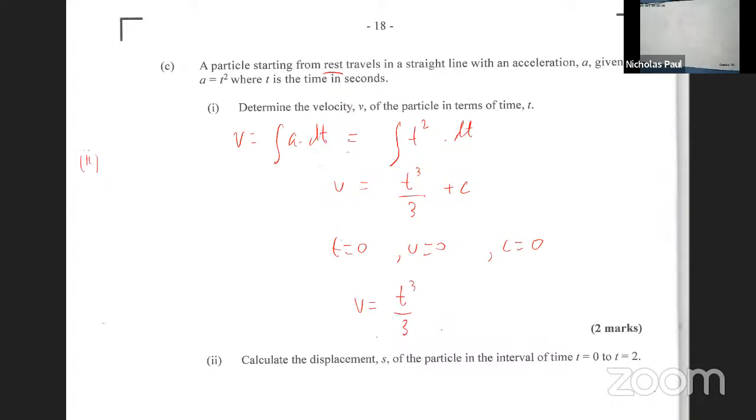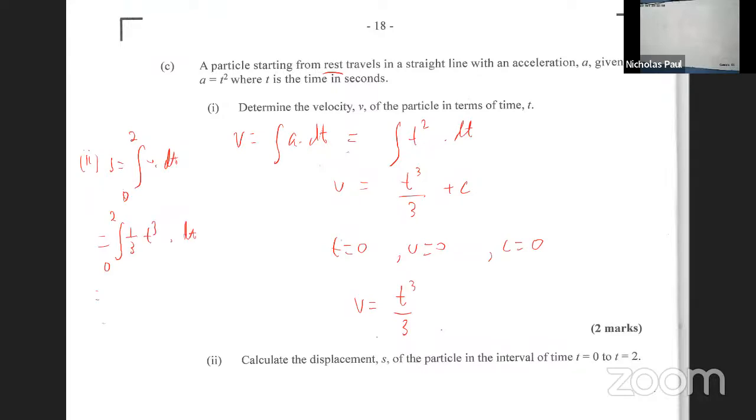Last part, 2. They want to get the displacement. That's the integral of your velocity, and they said between 0 and 2. So we're going to integrate between 0 and 2 the velocity, which is 1/3 t cubed.